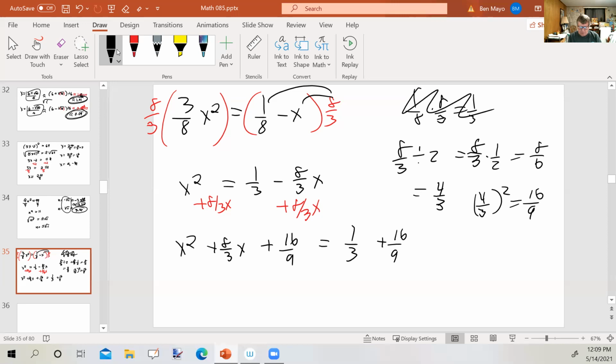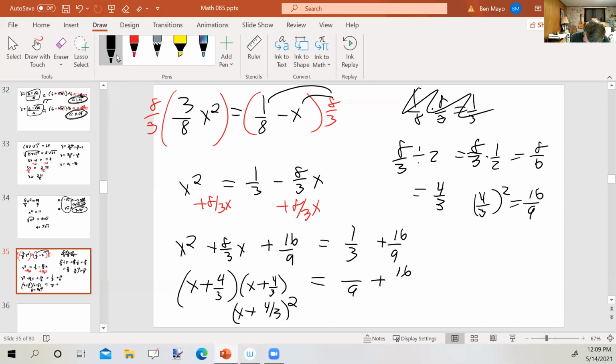Okay, so now on the left, I should have a perfect square, x plus 4/3 times x plus 4/3, or x plus 4/3, the quantity squared. On the right side, I need a common denominator of 9.